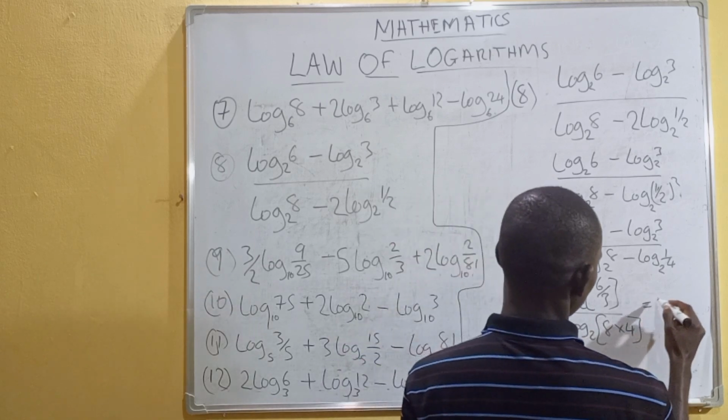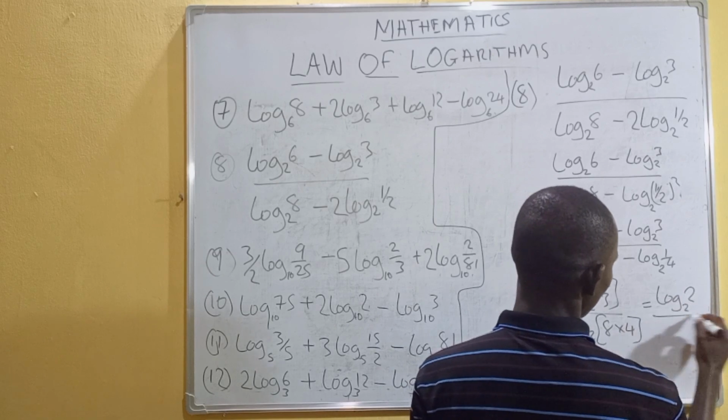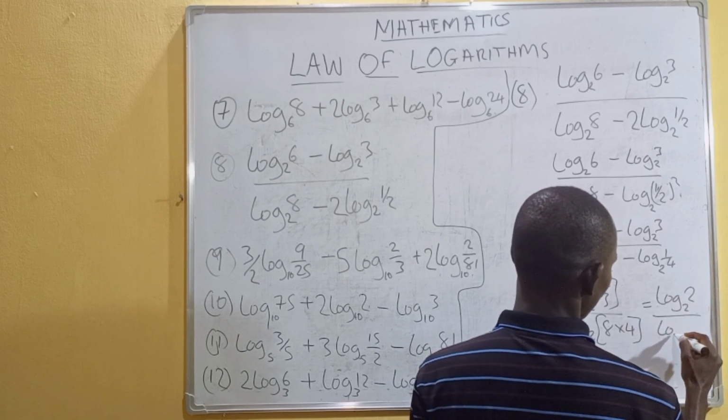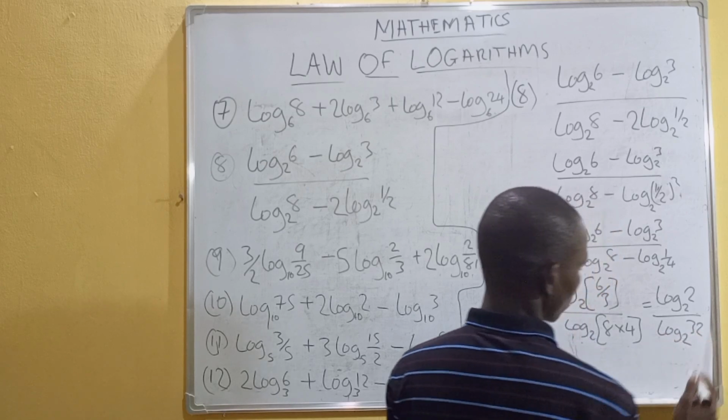So this will now be log 2 of base 2 over log 32 of base 2.